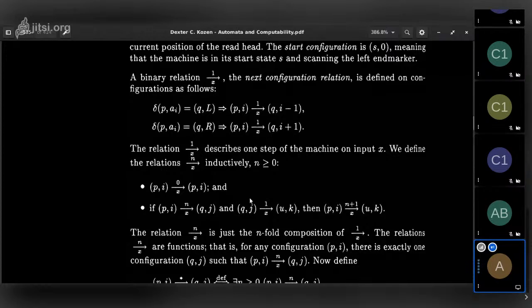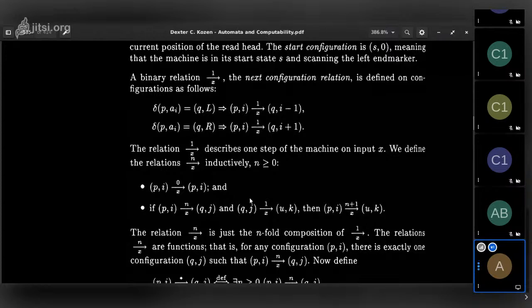Now, if a string is accepted, after some transitions, the state is reached. Suppose you are starting with S and the initial position is 0, and after some transitions you reach the state T. In that case, whatever the position, you will accept.